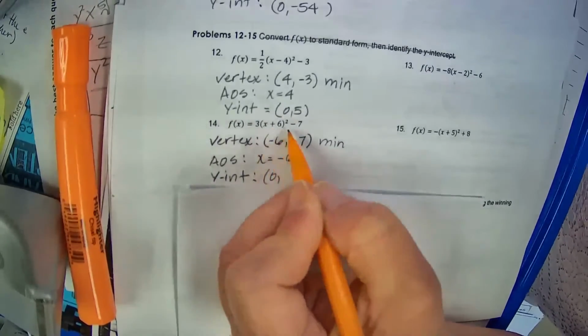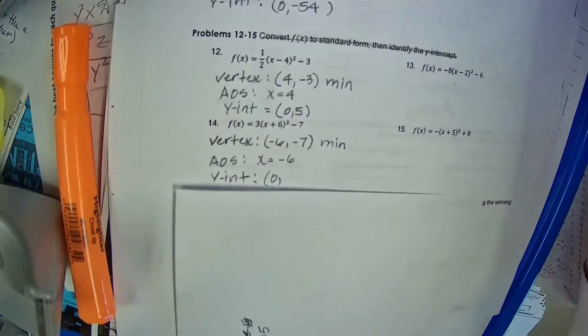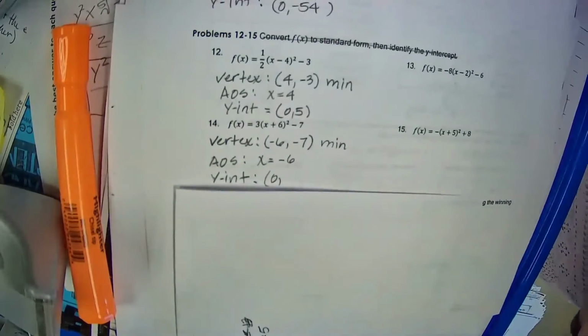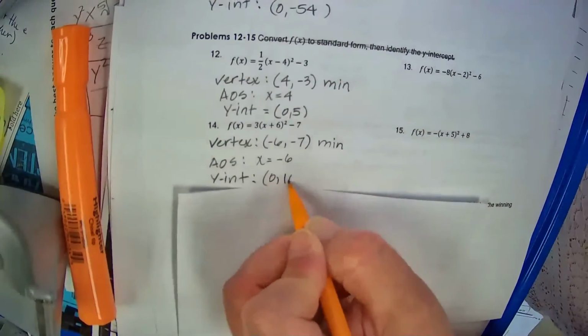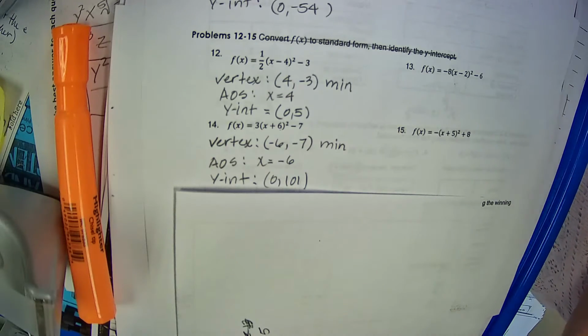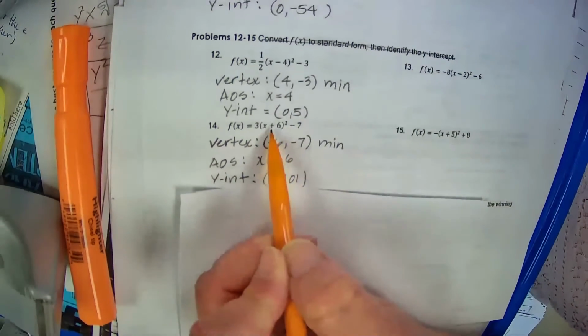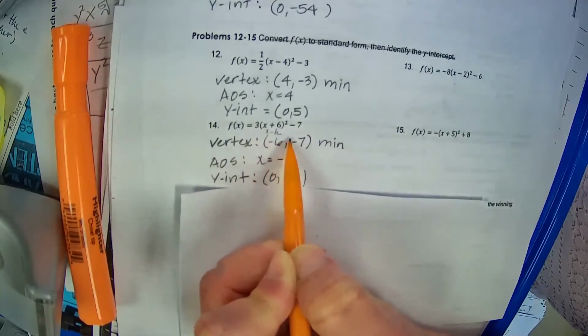I think it's right. Did you get that? Yeah, I got 0 and 1, but I didn't get a negative 6. I got a positive 6. Remember, the formula says x minus h.